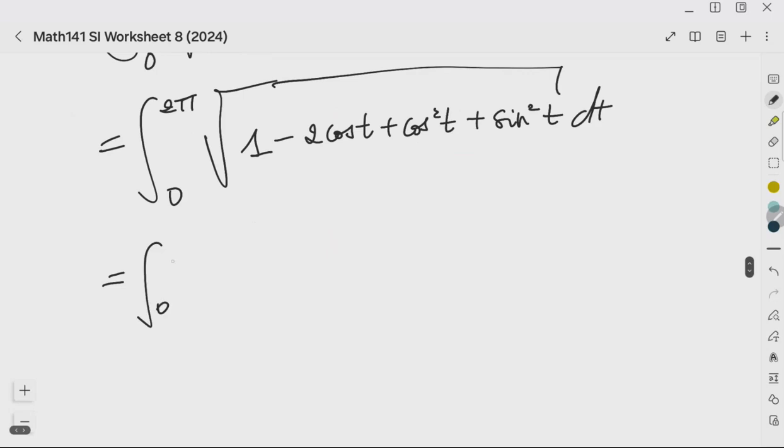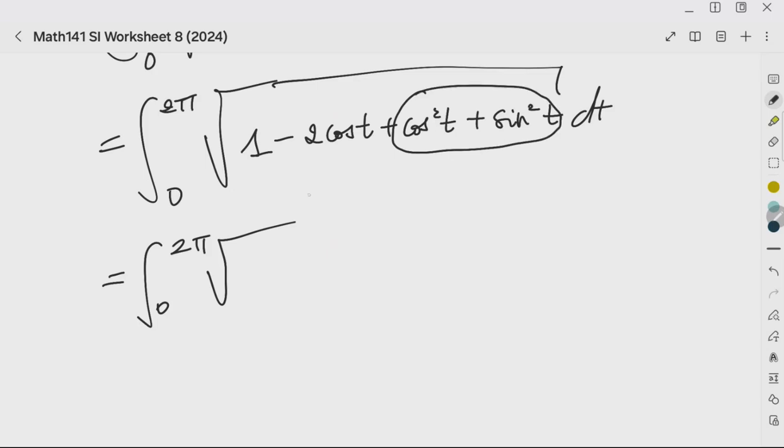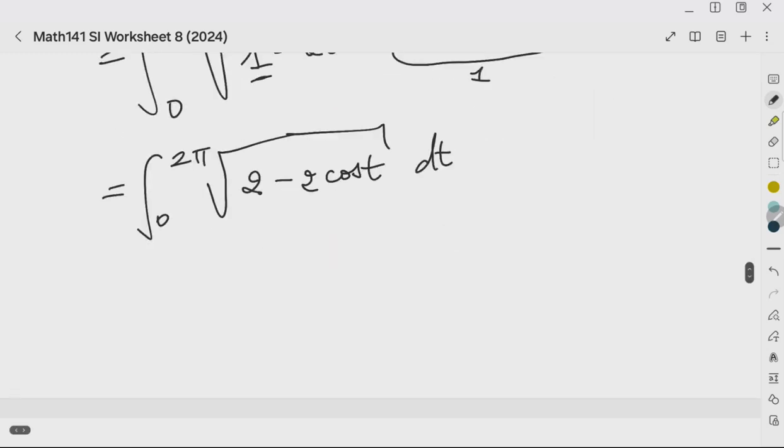Further simplified, cos squared plus sine squared is 1, so that would be 2 minus 2 cos t, right? Because you would have the 1 from there plus that 1 here. That gives you the square root of 2 minus 2 cos t dt.